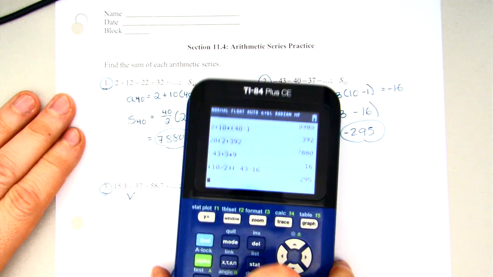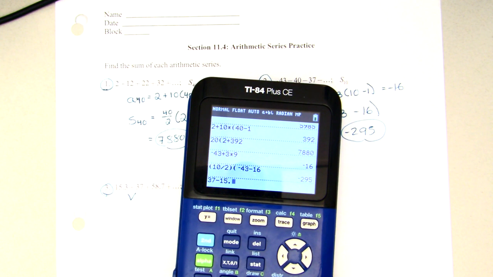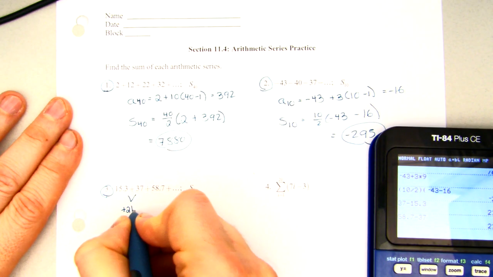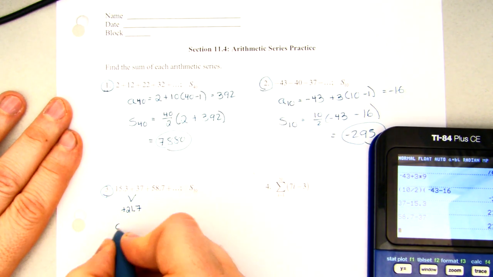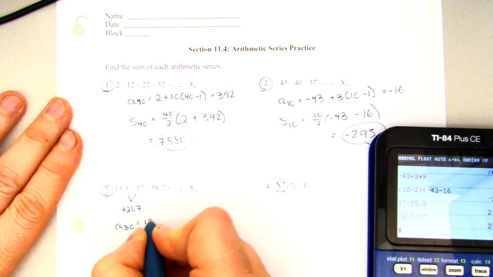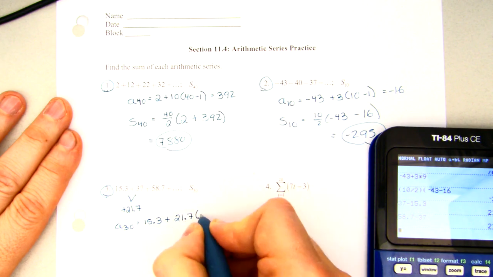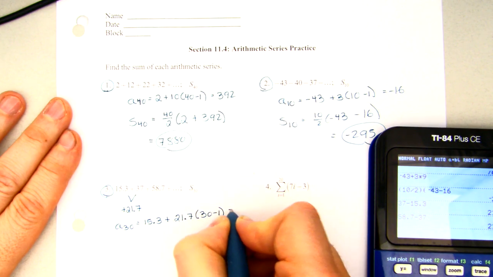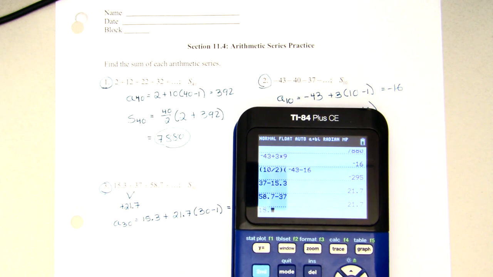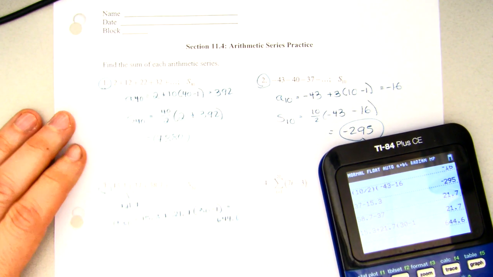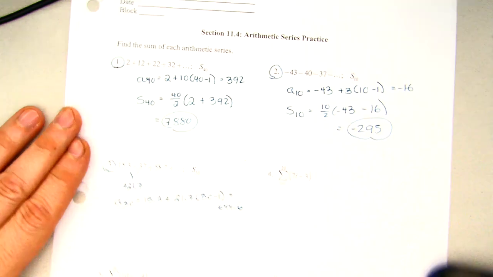Not really sure what I'm going up by, so I'm going to do some subtraction on the calculator. 37 minus 15.3, 21.7. Let me make sure that continues working. Yep, I'm going up by 21.7 every time. A sub 30 is going to equal 15.3 plus 21.7 times 30 minus 1, which will give you 644.6.